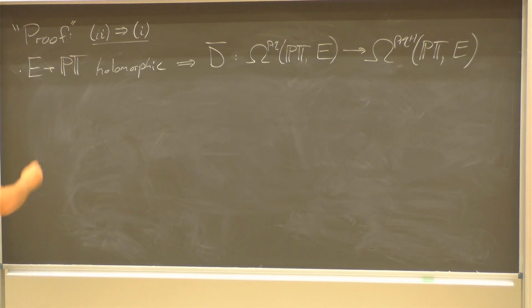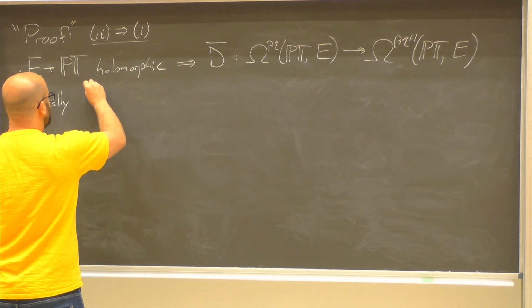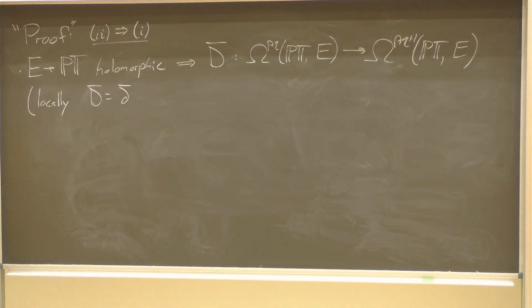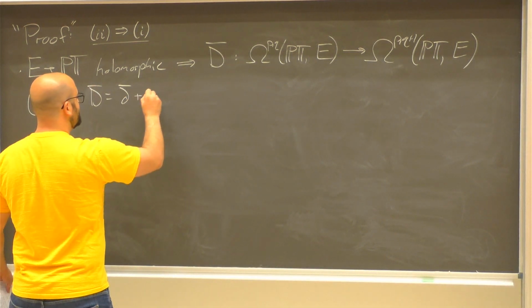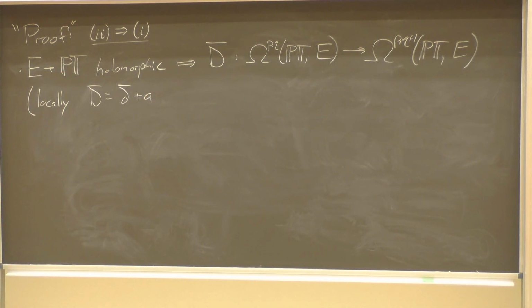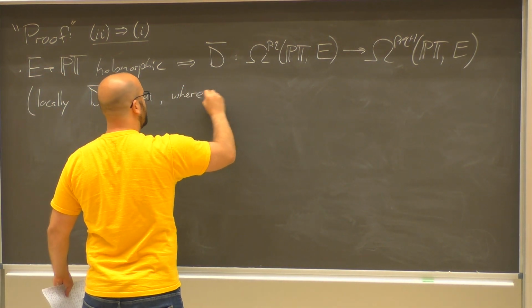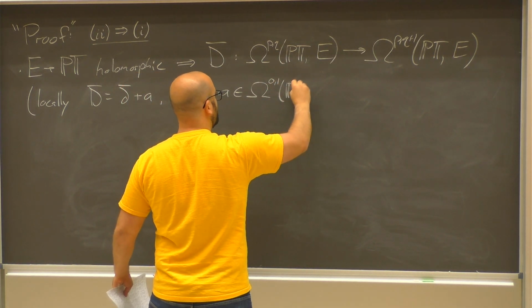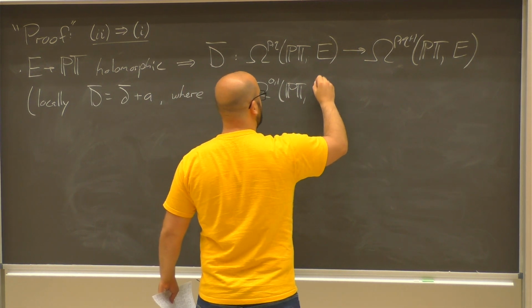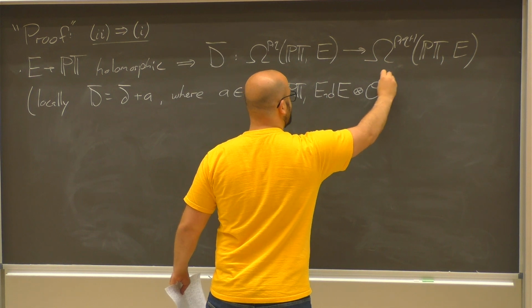So locally, that means you can write D-bar as just the d-bar that we wrote down yesterday, just the usual complex structure on twistor space, or on CP3 restricted to twistor space, plus some sort of connection one-form a, where this little a should take values in (0,1) forms on twistor space, valued in endomorphisms of this bundle E, and homogeneous of weight 0.